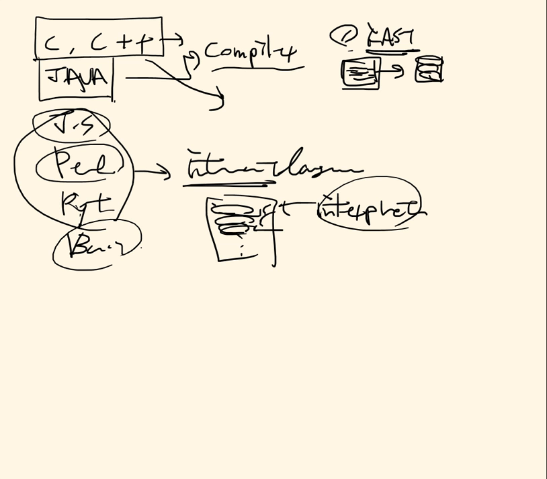But the demerit of the compiler language is that whenever we execute the program, we always need to compile, and the compilation time could be quite a bit longer than you expect.